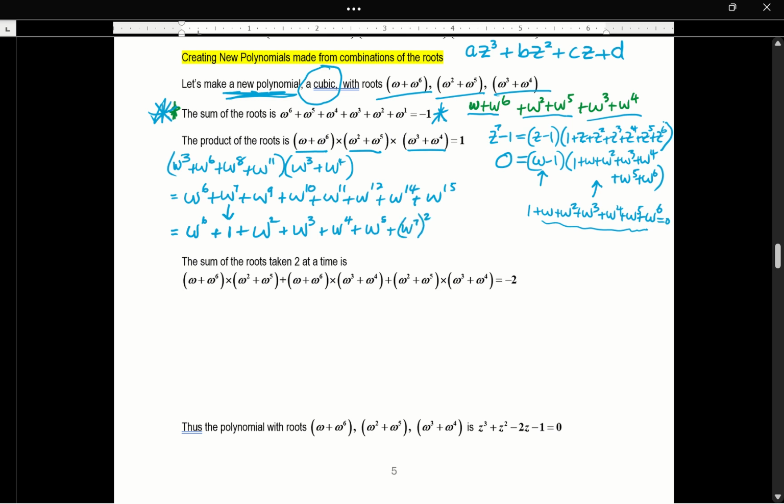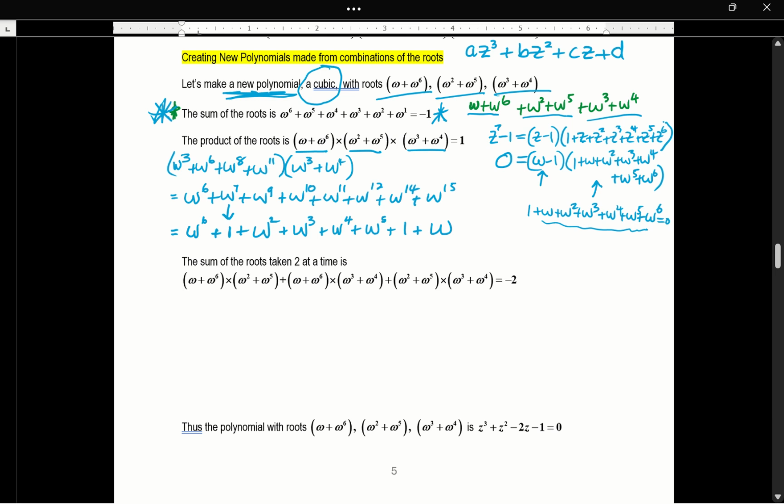w^14 is w^7 squared, which is 1 squared. What's 1 squared? 1. And w^15 is w^7 squared times w, which is 1 times w, which is just w.